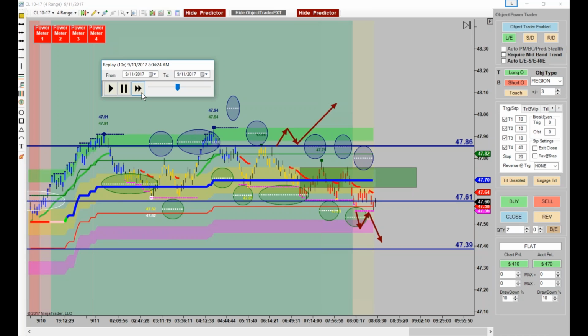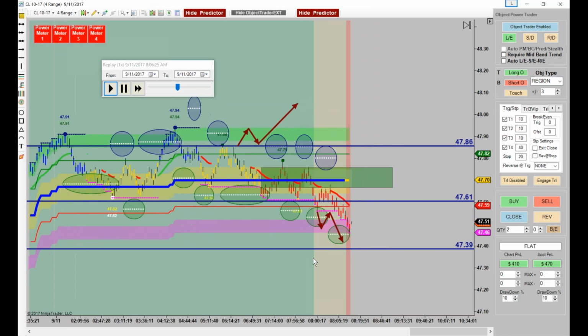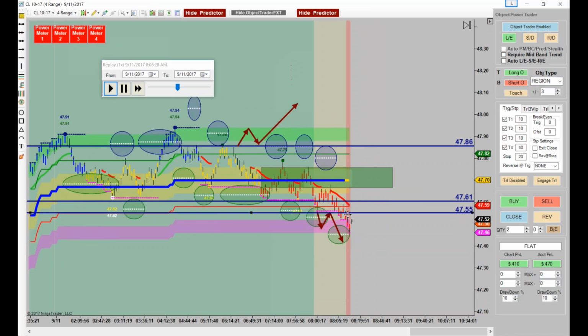I'll go ahead and speed it up just a little bit. Didn't that come right back to that same area right there and roll over? It's exactly what it did, didn't it? So where do you think it'll probably go this time around? Let's just draw some lines and see.